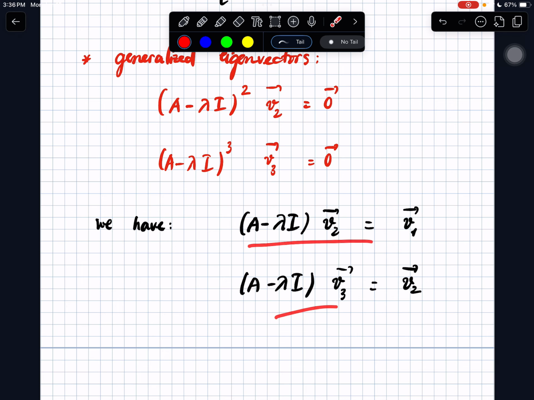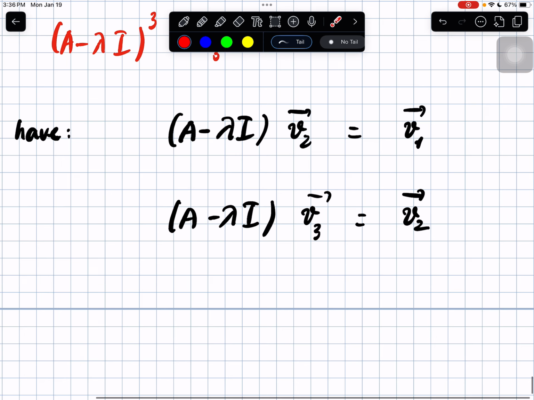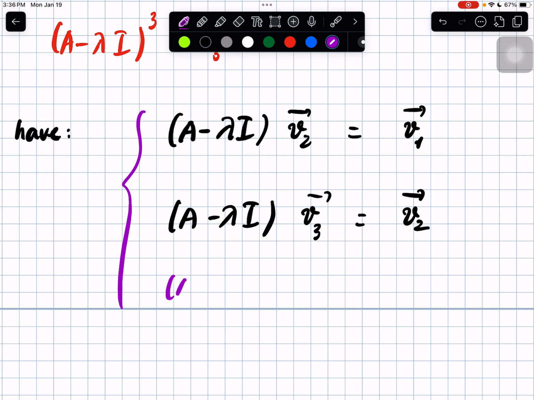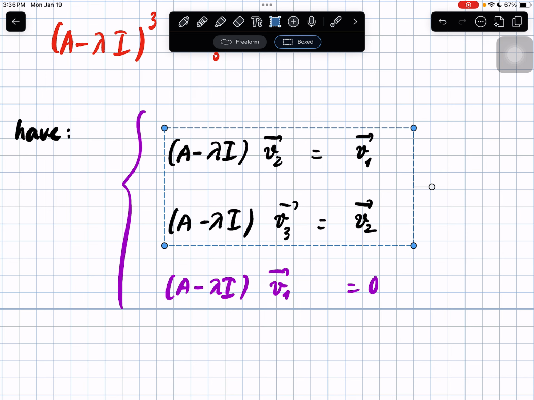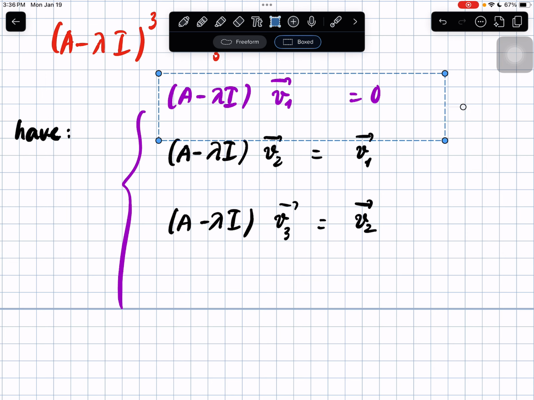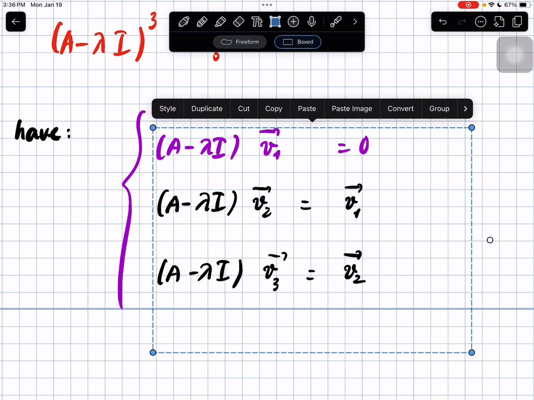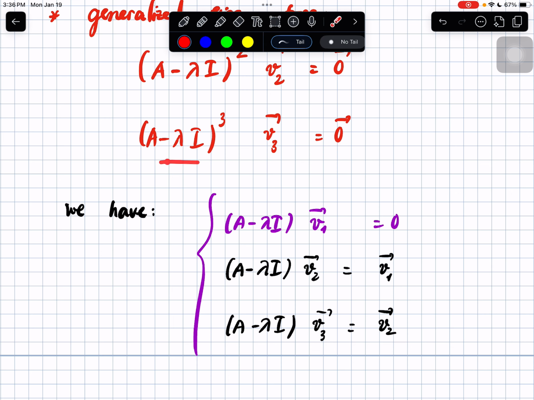These formulas, together with the fact that v1 is the actual eigenvector, or A minus lambda I times v1 equals 0, explain why we have the red formula here.